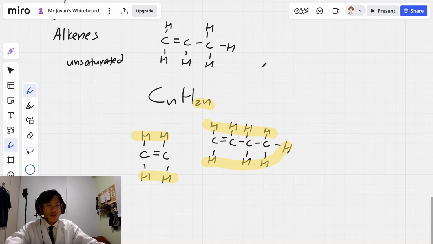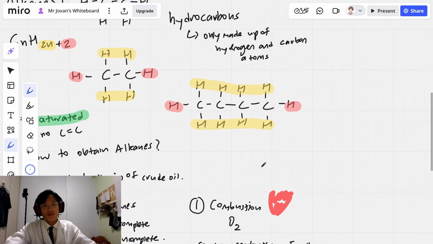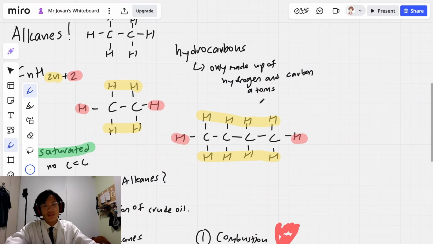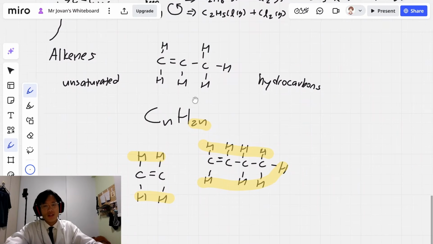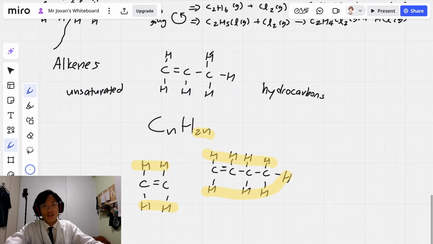Just now we learned the term hydrocarbons. Tell me, are alkenes considered hydrocarbons? Wow, so smart again. Remember the definition of hydrocarbons? Hydrocarbons are only made up of hydrogen and carbon atoms. That means alkenes are also hydrocarbons because they only have carbon and hydrogen atoms. So yes, they're hydrocarbons.